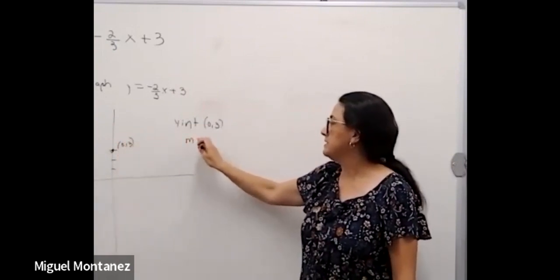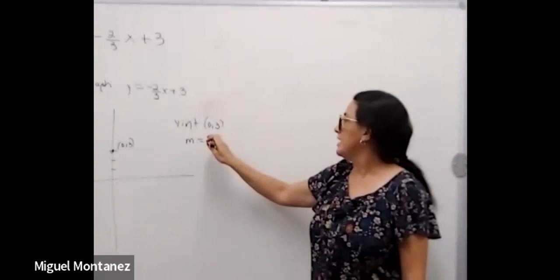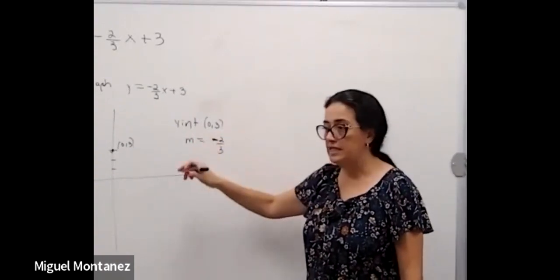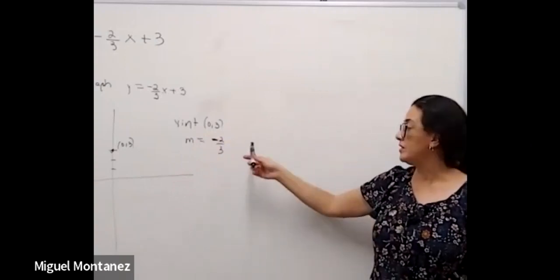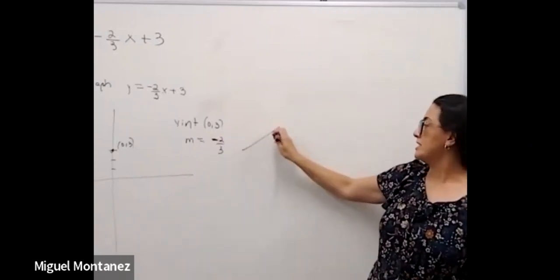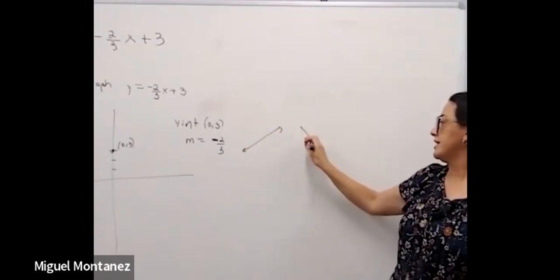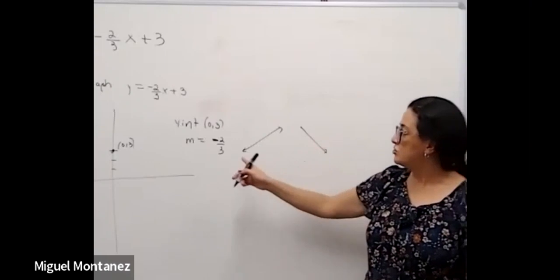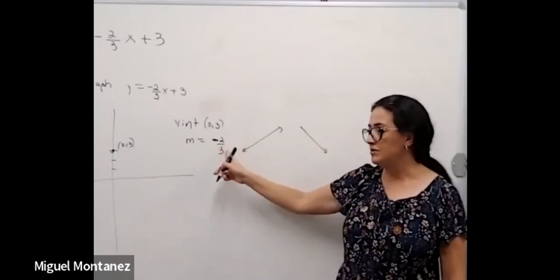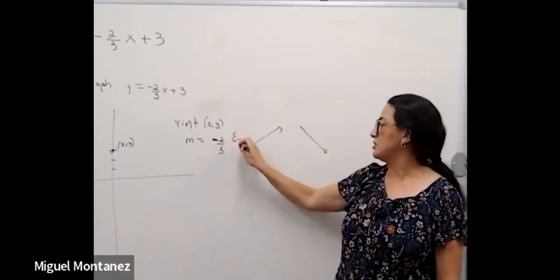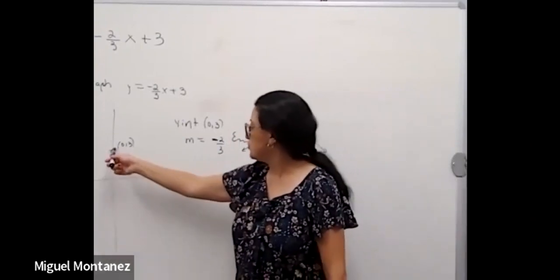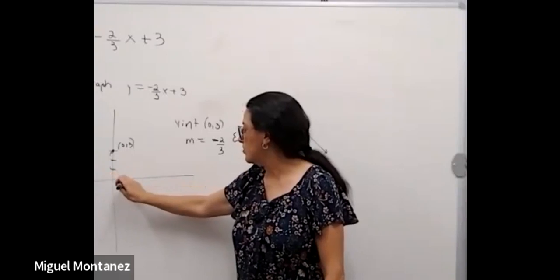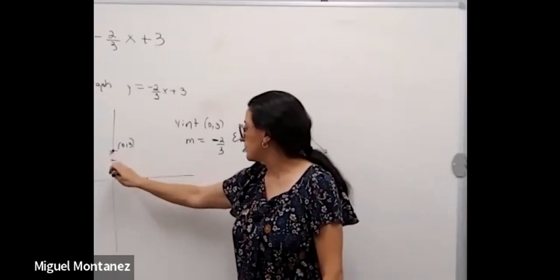What is the inclination of the line? -2/3. If the inclination is negative, the line is going to be right side down. So it's going to go 2 units down, 3 to the right. 1, 2, and 3.